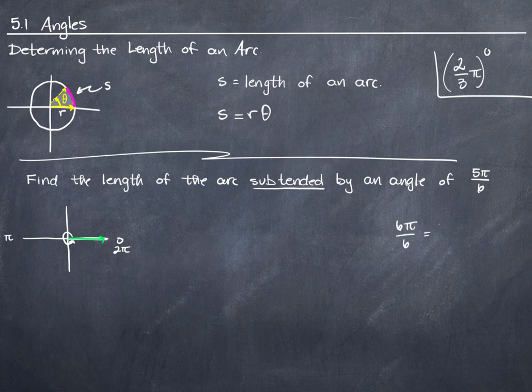That's just pi. I use 6/6 because the denominator of this fraction is 6, so I want to compare this fraction to pi. Pi is equivalent to 180 degrees if I convert it to degrees. So it's over here at 180 degrees, or pi.